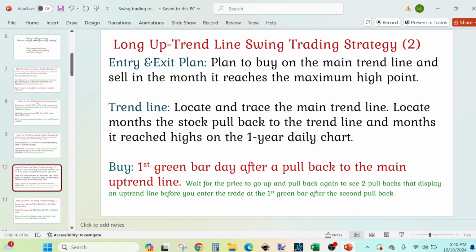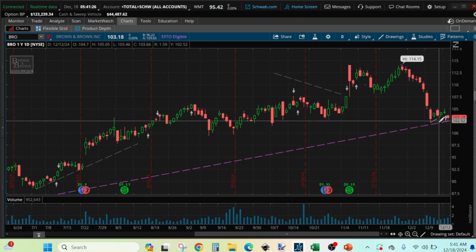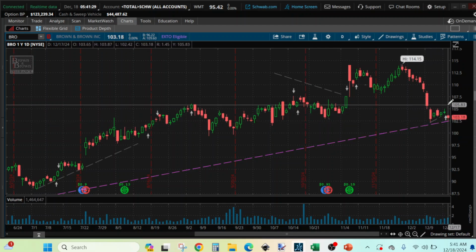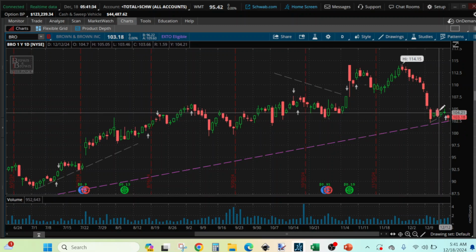Could be 1 year or longer, and sometimes a 6 month trend line, depending on where the price is on that trend line, and the time of the year as well. We enter when they pull back to that main trend line, and we add a little specification there to wait for it to go up, pull back again, for us to have a confirmation of an uptrend line that is going to continue trending along that line before we enter at the first green bar after the second pullback.